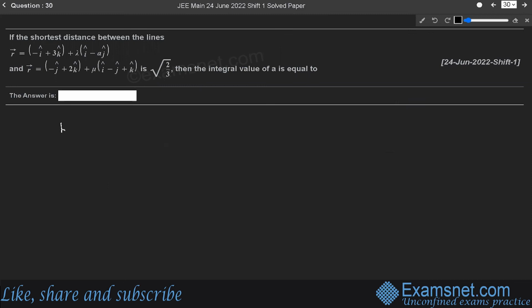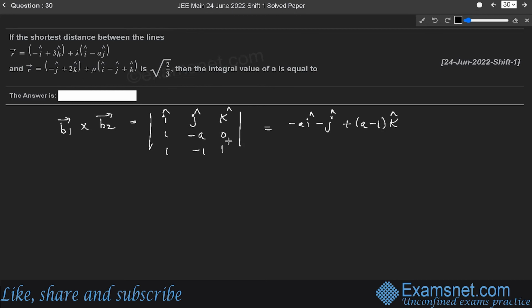It is clear that b1 vector cross product b2 vector will be equal to the determinant of i, j, k; 1, minus a, 0; 1, minus 1, 1. So this will be equal to minus of a i minus j plus (a minus 1) into k cap. So a1 vector minus a2 vector will be equal to minus i plus j plus k.